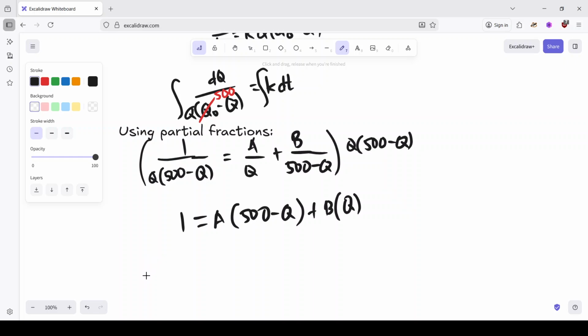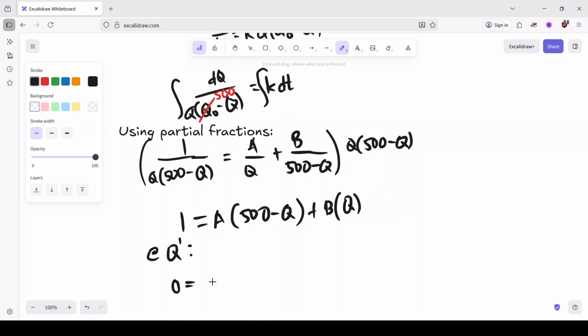Let's recall that in doing partial fractions, we want to equate all of the similar exponent variables. So in this case, the highest is Q, Q raised to 1. On the left side, we will have 1, which is a constant, so no Q, so 0. On the right side, we will have A times 500, this is constant.